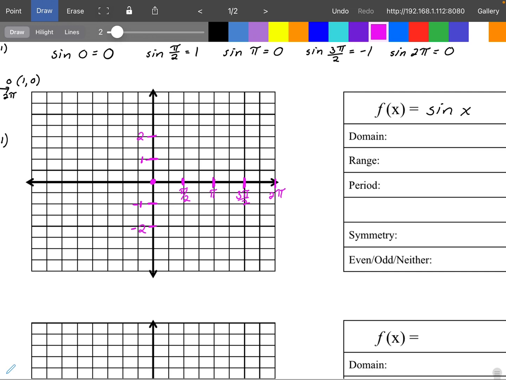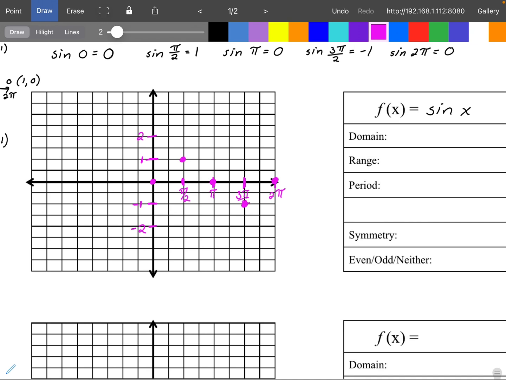At pi over 2, sine was 1, so there's our next point. At pi, sine was 0. At 3 pi over 2, sine was -1. And then at 2 pi, sine was 0 again.